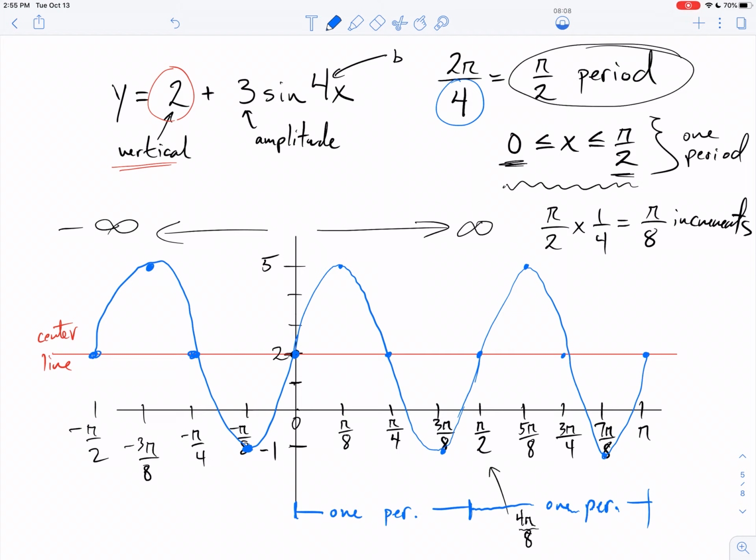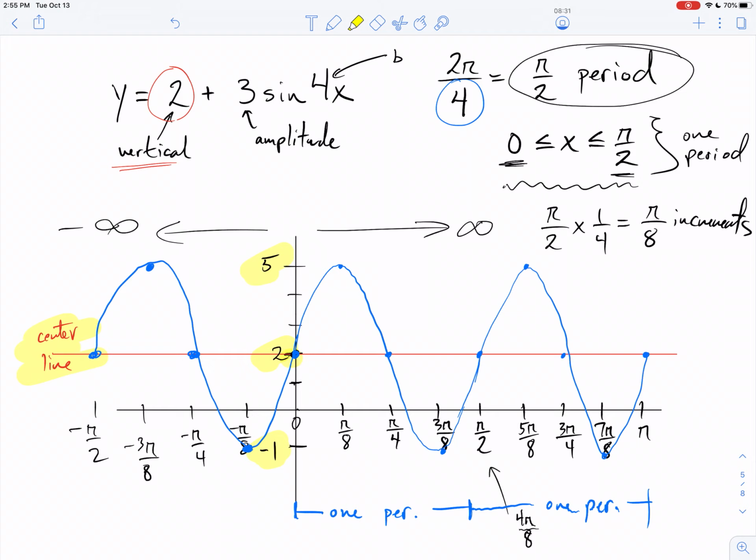But let me point out a couple of things I look for when I'm grading. Make sure you tell me what your center line is. Don't assume I'm going to know it. Also, label the highs, the lows, and the middle on the y-axis. If you make me guess, I will guess incorrectly and I'll mark it incorrect.